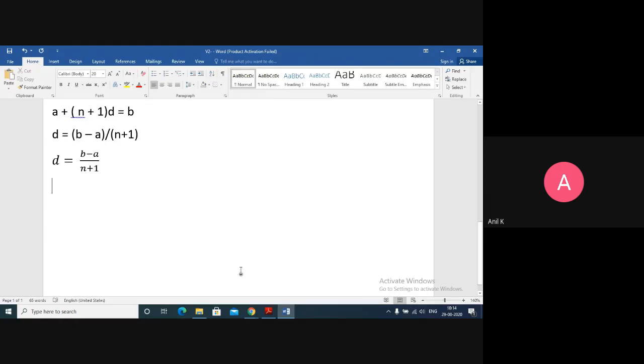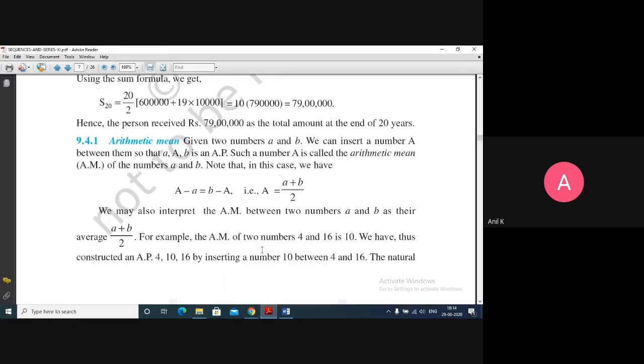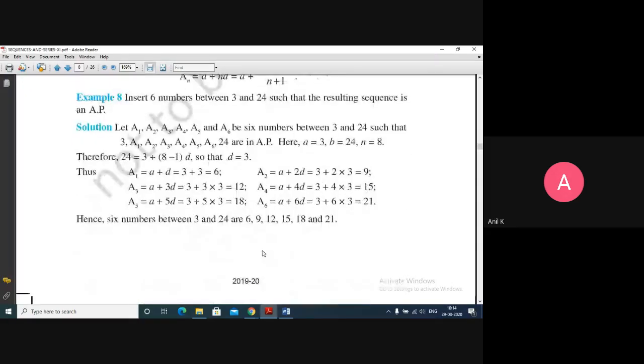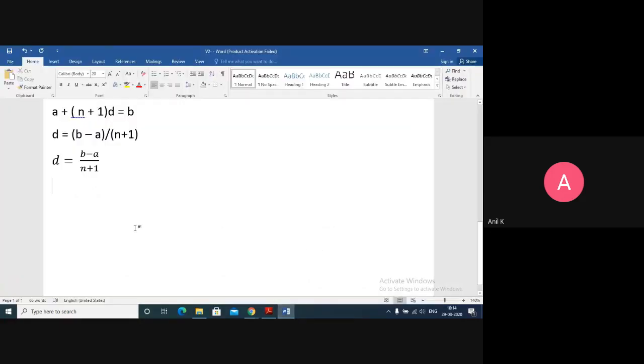Remember this formula. Now let me take an example of how we are going to get an AP. The question: insert 6 numbers between 3 and 24 such that it forms an AP.